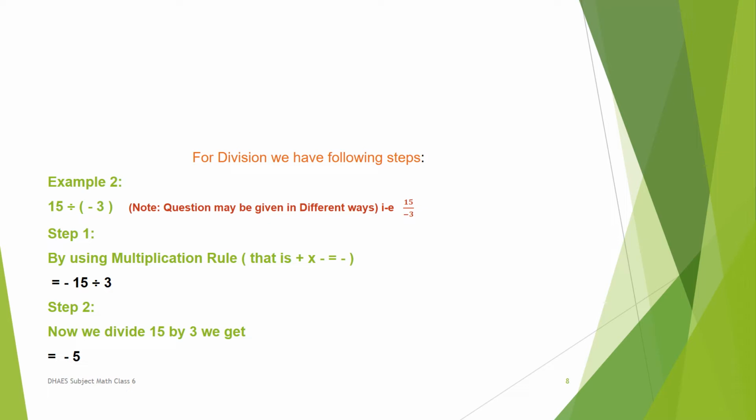So first we use the multiplication rule, that is plus multiplied with minus gives minus in the answer, so we have minus. Now 15 divided by 3, as we know, gives 5. Minus is already there due to the multiplication rule, so we have minus 5 in our answer.